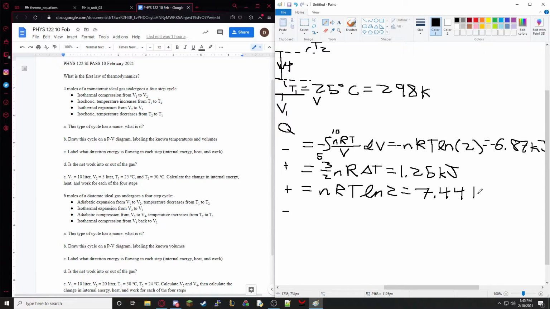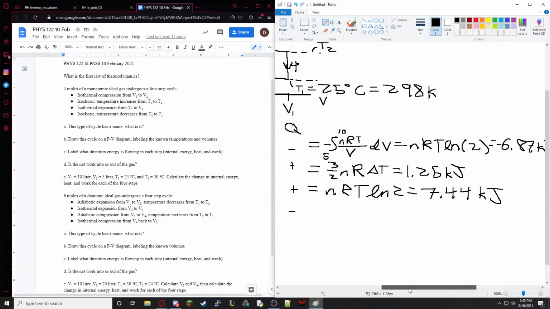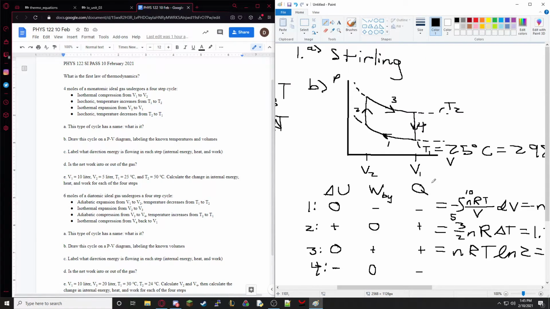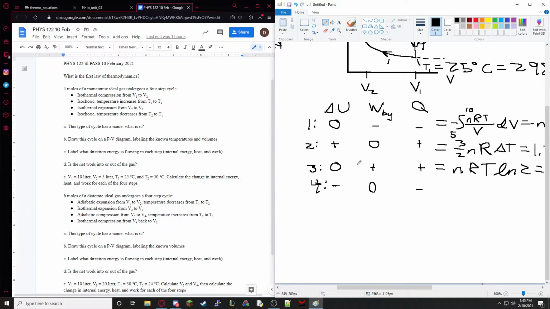So 7.44 kilojoules. Now for the last step, we once again have an isochoric process, so our work is 0. How do we get the change in internal energy?